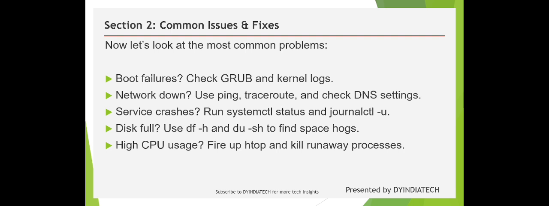Network down, use ping, traceroute, and check DNS settings. Service crashes, run systemctl status with the service name, and use journalctl -u. If you're facing a disk related issue, then you have to use df -h and du -sh to find space hogs.